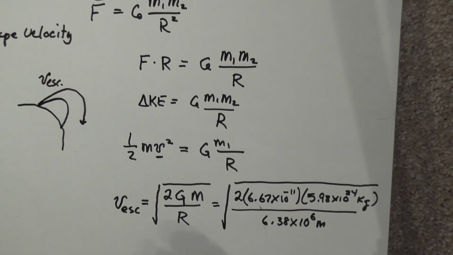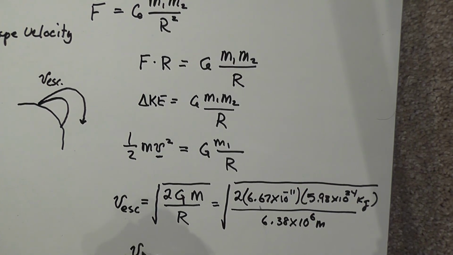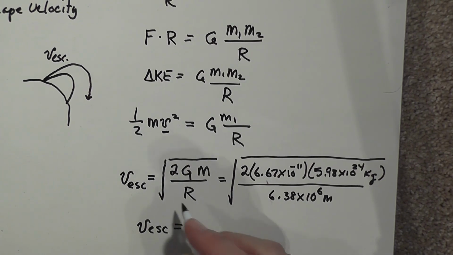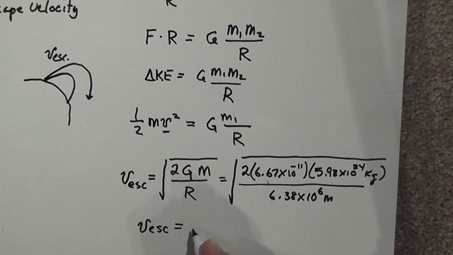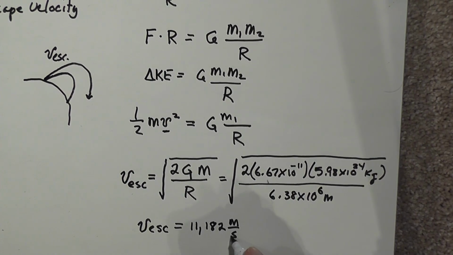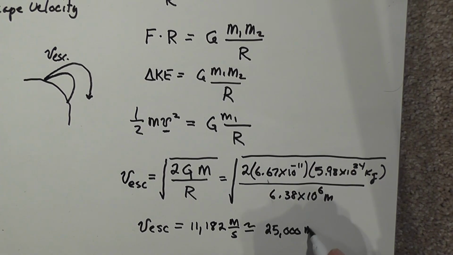Okay, and so doing our calculations, the escape velocity is going to be equal to about 11,182 meters per second, about 11,000 meters per second. That is roughly 25,000 miles per hour.